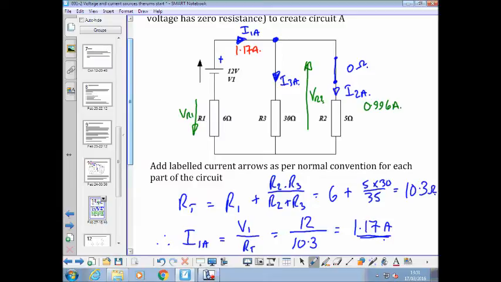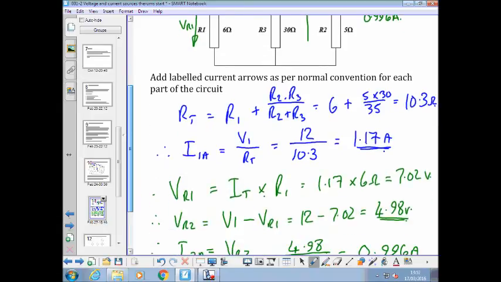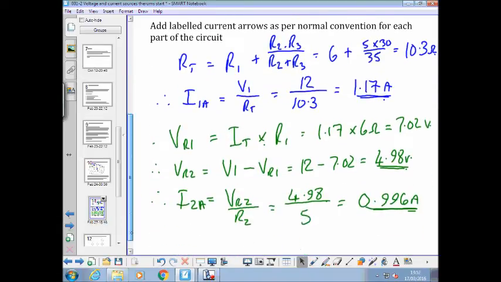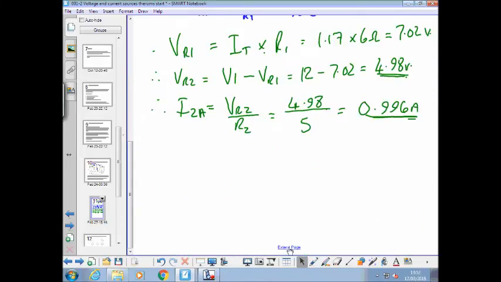But this current down here must be that 1.17 take away 0.996. So lastly, I'll do that one in red, so we've got them in three different colours. I3A is equal to I1A minus I2A.